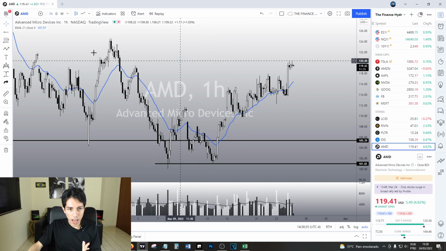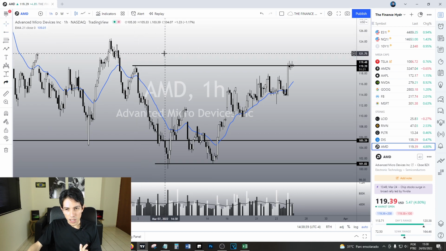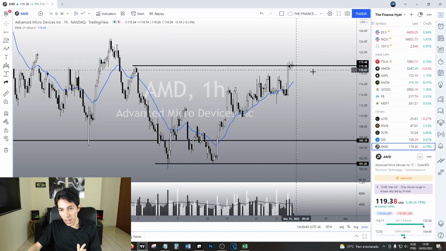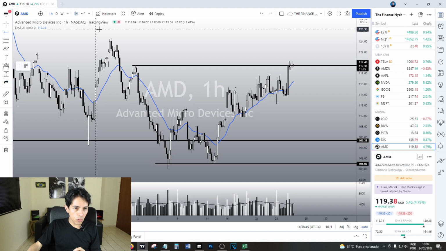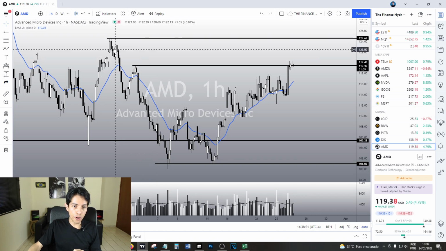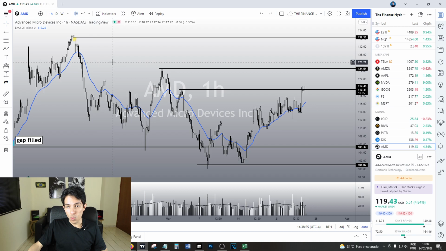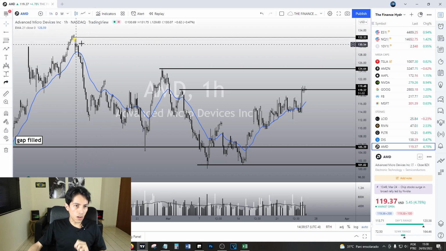It seems we have a secondary resistance level around 119 over here, this black line up here. However, I think we have decent chances of retesting the previous resistance at $124. And what's more, we have an open gap at $132 over here.